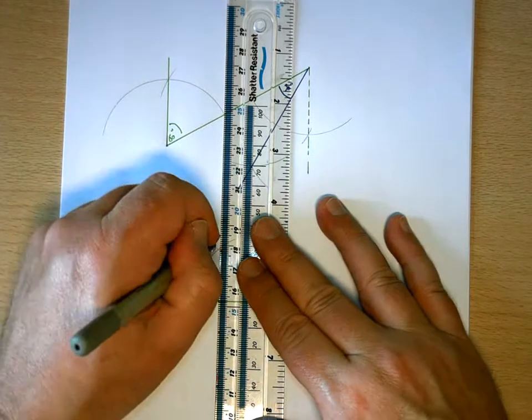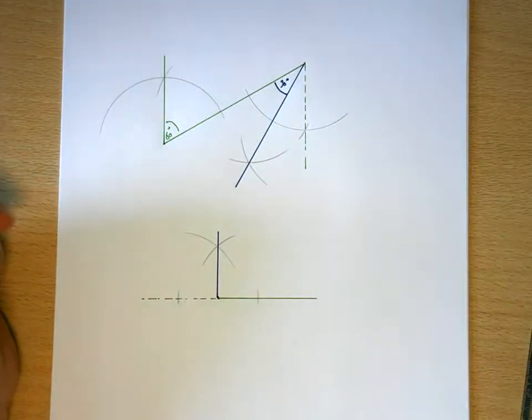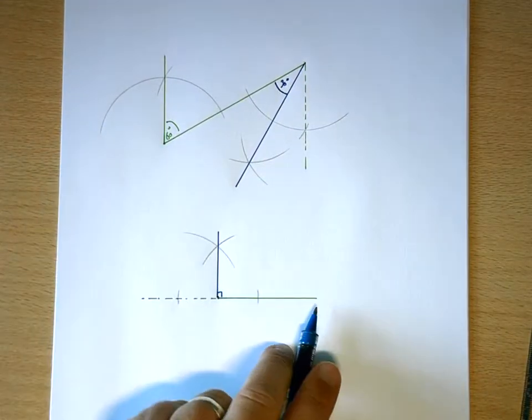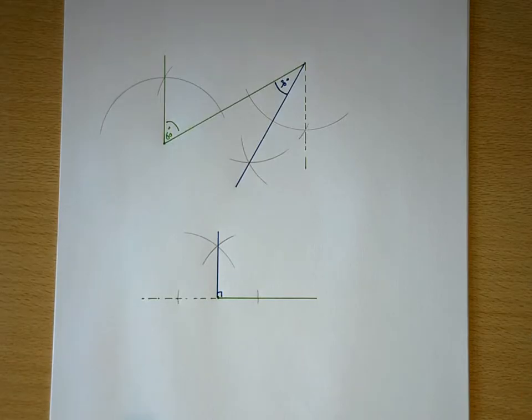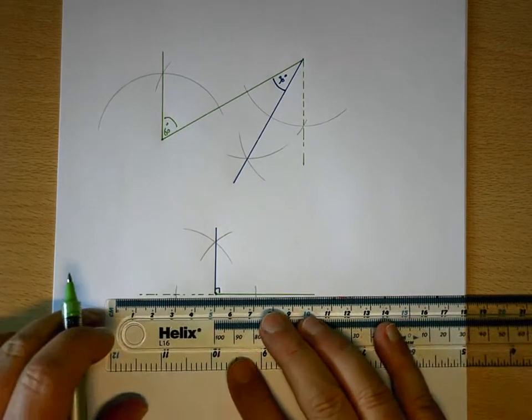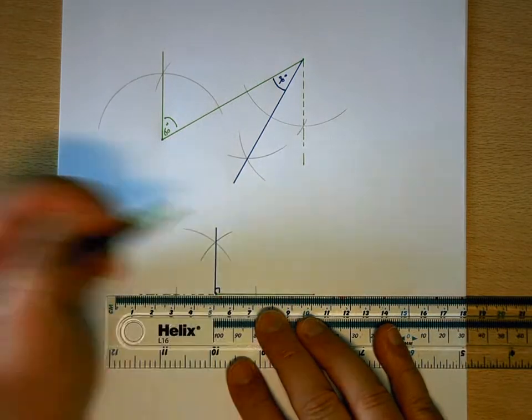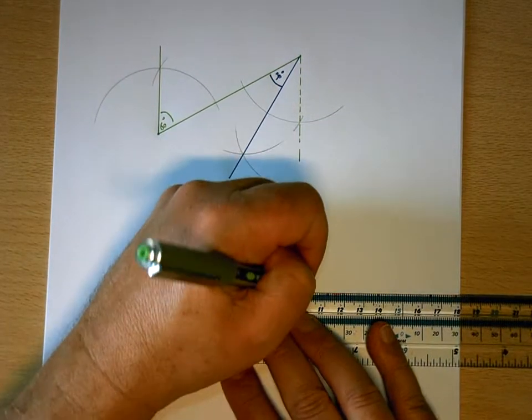So there was your starting point, there's your 90 degrees. If we do it from this side, so if that's where we want our 90 degree to come from.